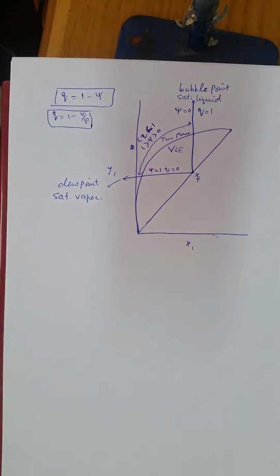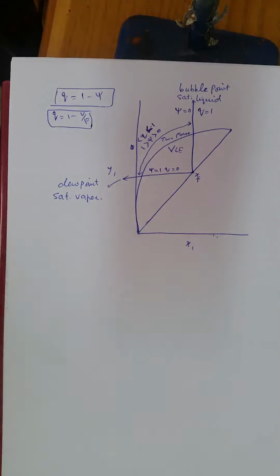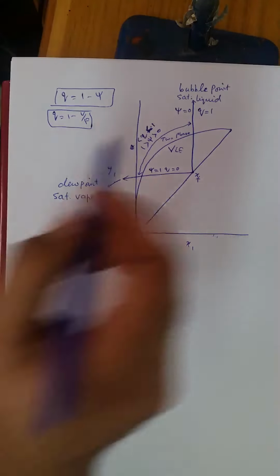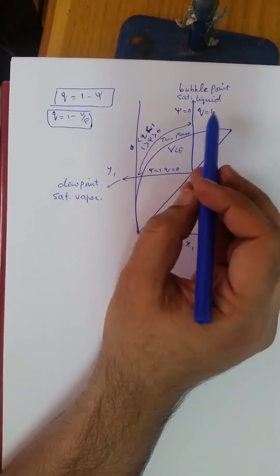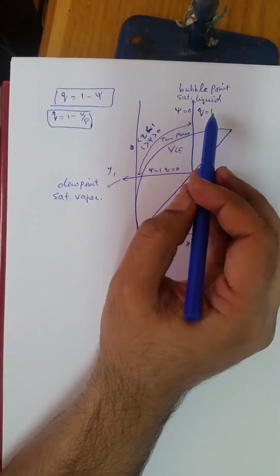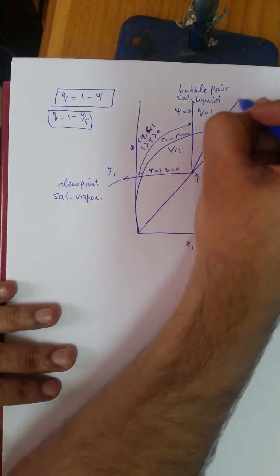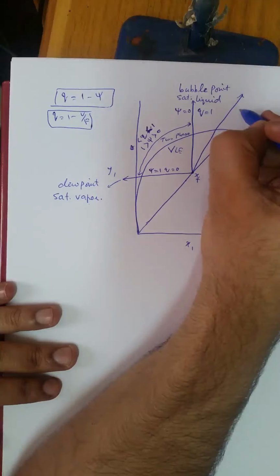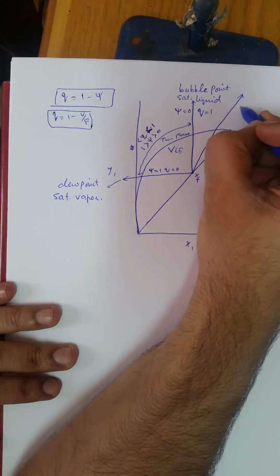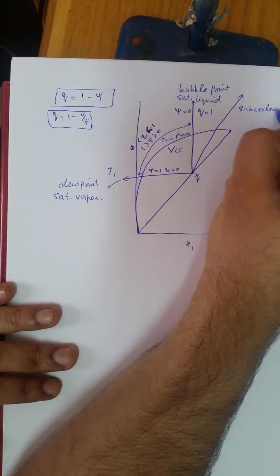So it means two phase, the psi value must be between 0 and 1. Here the psi value is 0, here the psi value will be 1, or we can focus on Q: Q is 1, Q is 0. So above that bubble line, saturated liquid, we have subcooled liquid.